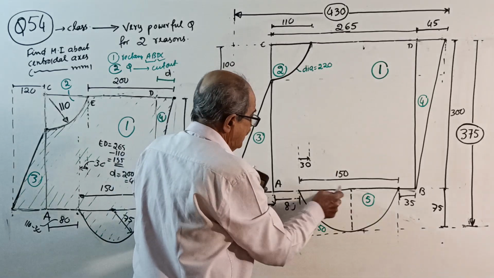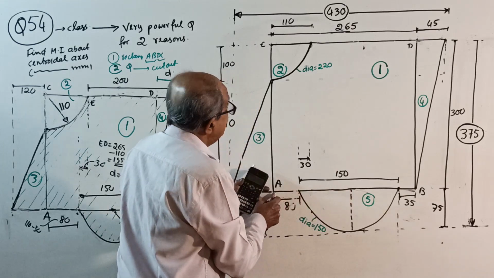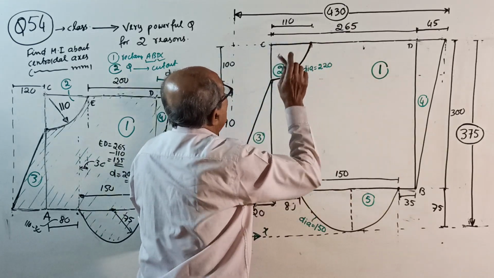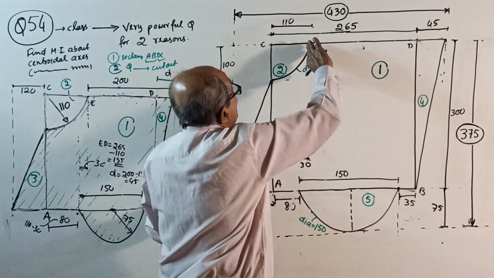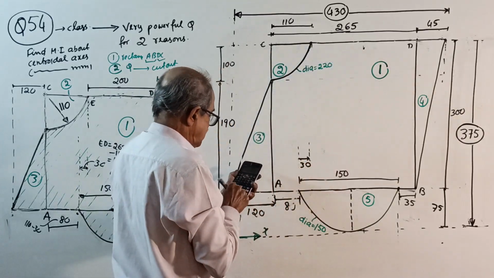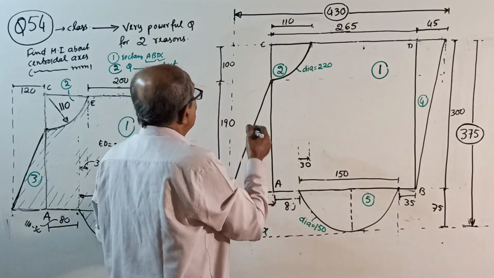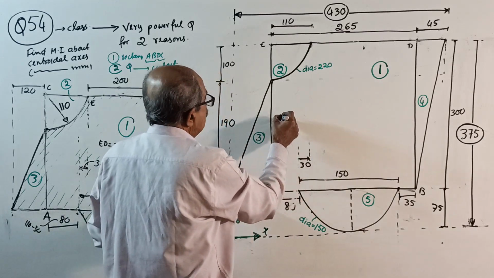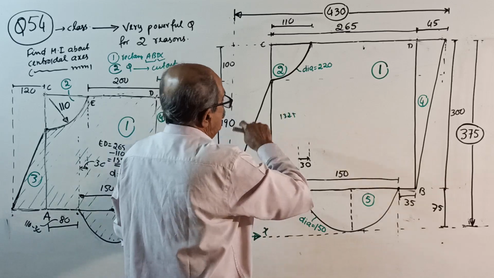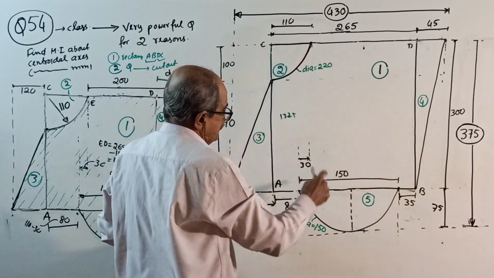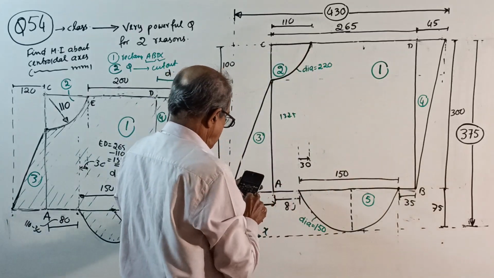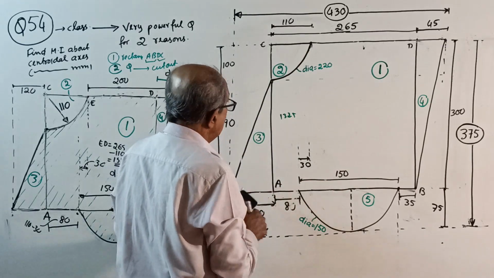From here to here is 155. From here to here is 110. So 265 divided by 2 is 132.5. So 132.5 is the center. So it is after 110, but before this, which is 80 plus 75, 155.